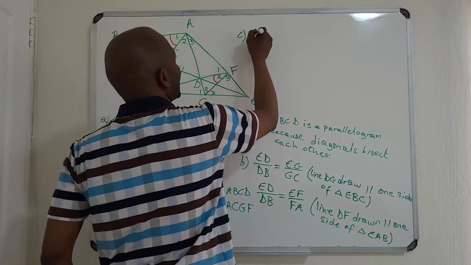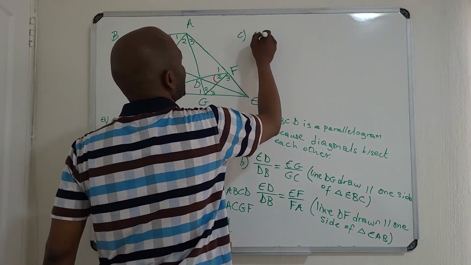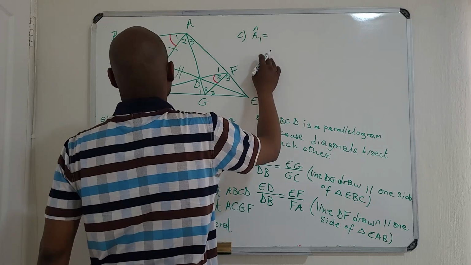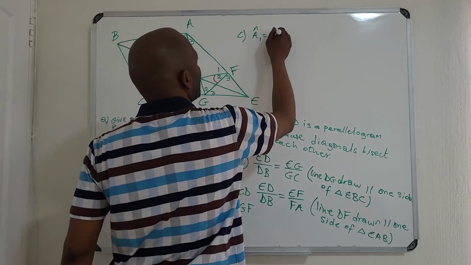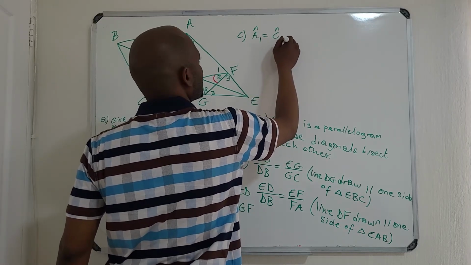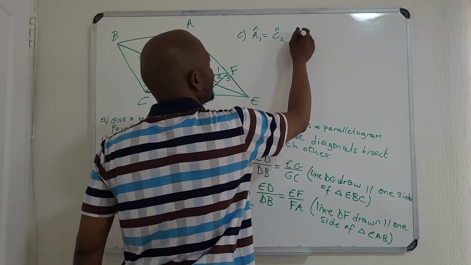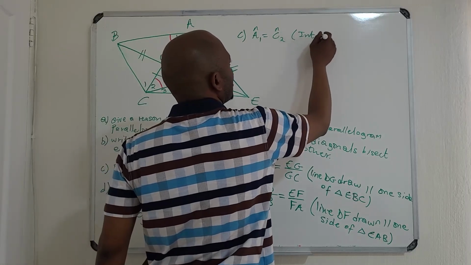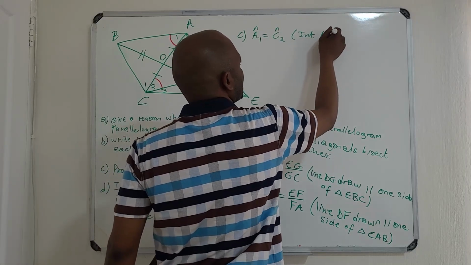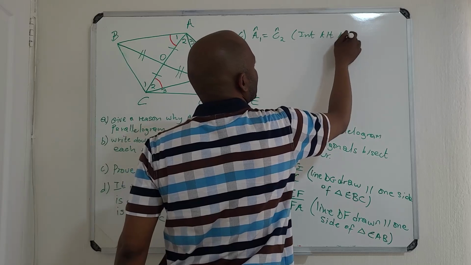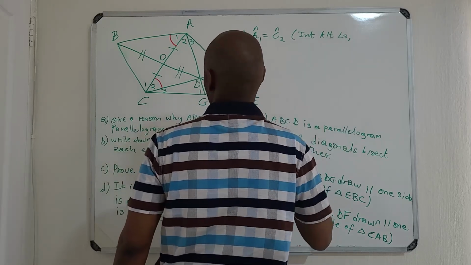Now, we are proving that. Therefore, we're going to say angle A1 is equal to angle C2. Reason: interior alternate angles. Why are they alternate?